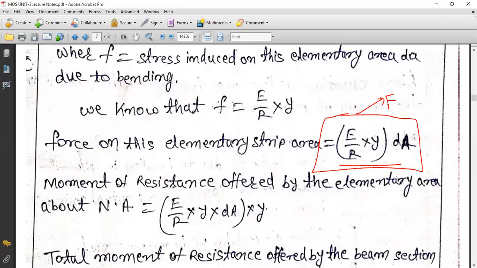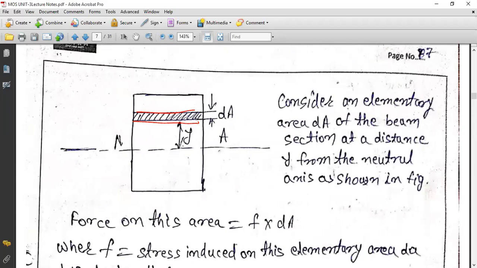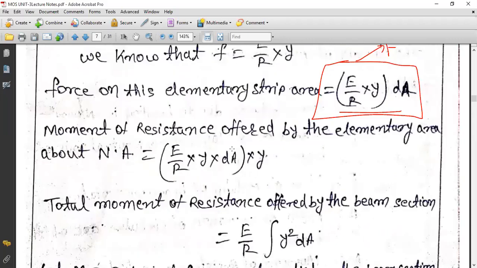After that, moment of resistance offered by the elementary area about the neutral axis, you have to find out. Then what is the moment of resistance? F into Y. Why are we taking F into Y? Already I told you, this is the distance from the neutral axis. So you have to write down F into Y.